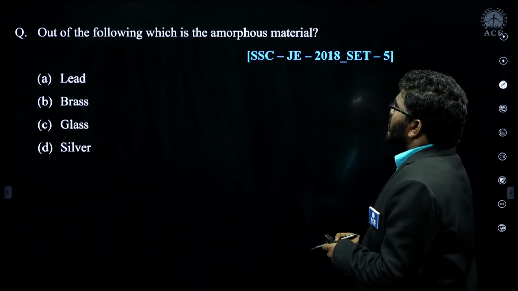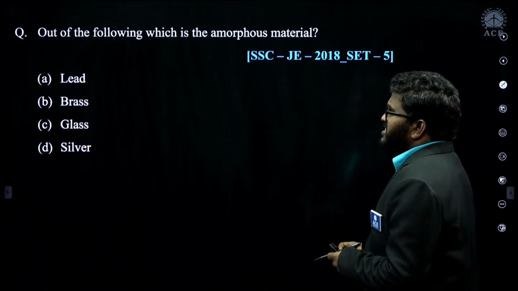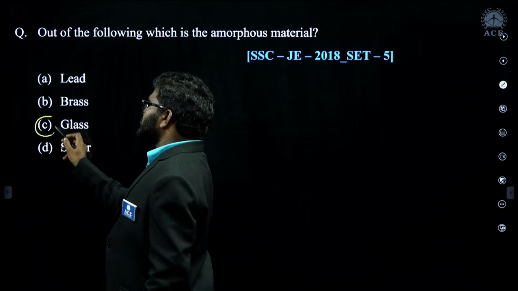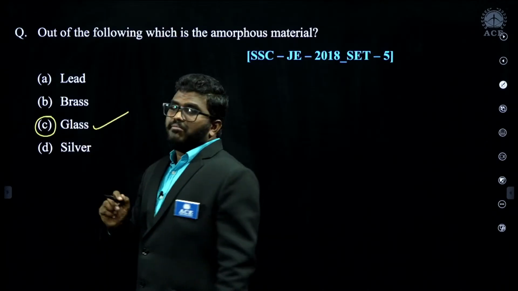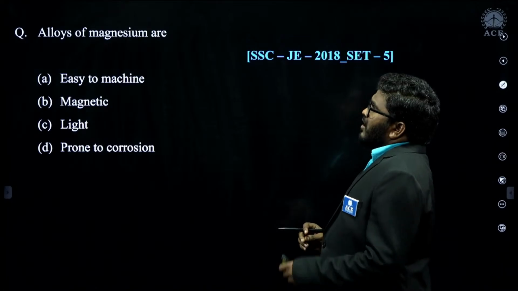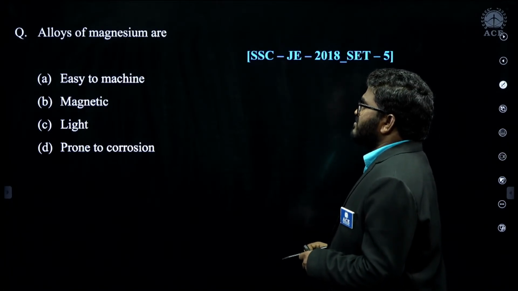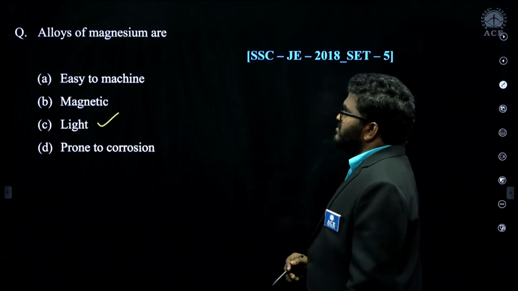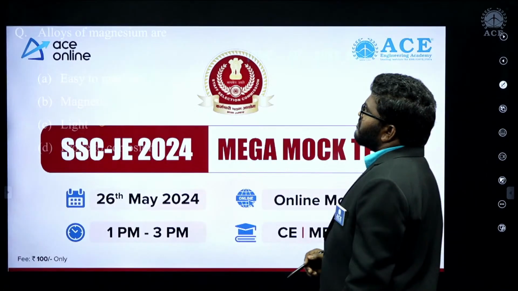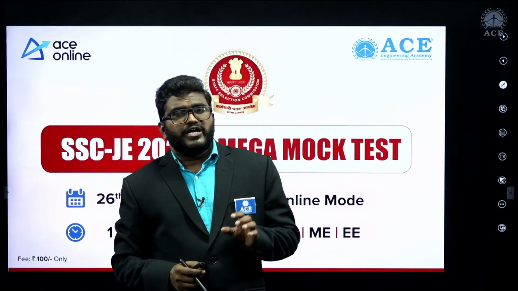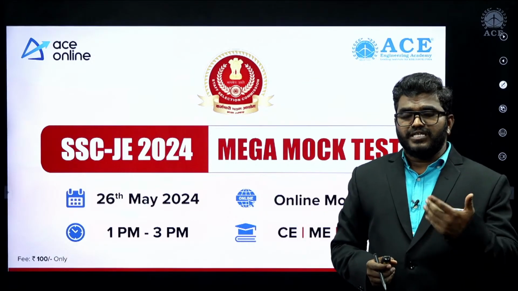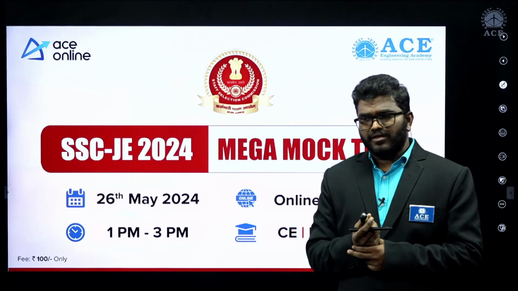Out of the following, which is an amorphous material? Glass is an amorphous material. Glass is a ceramic material, and it is amorphous. Alloys of magnesium are light in weight. So these are some of the important, repeated, expected questions I explained along with the revision of important theoretical concepts.